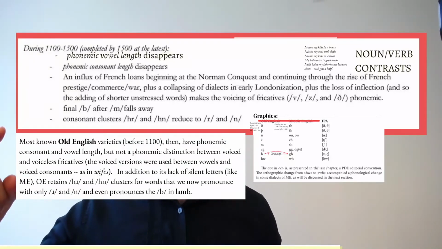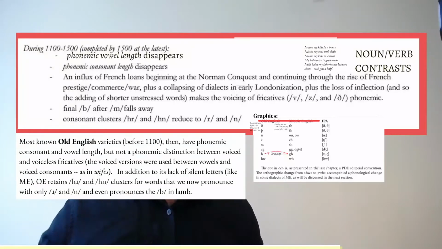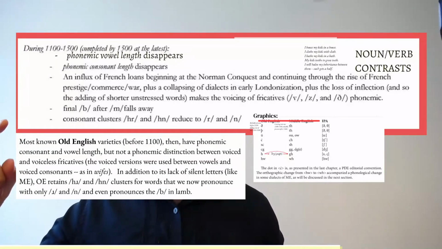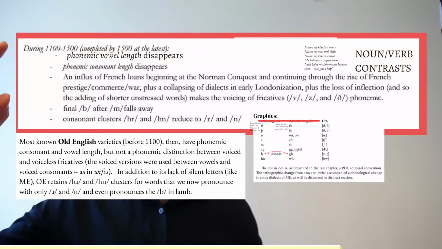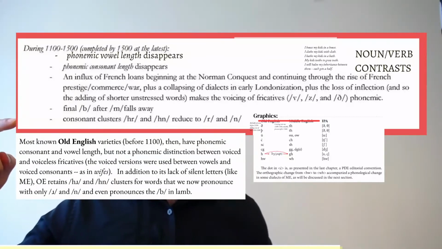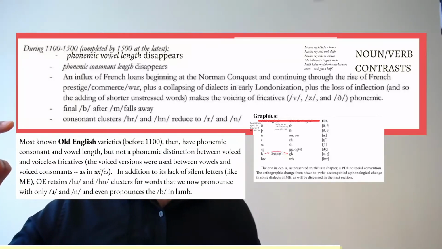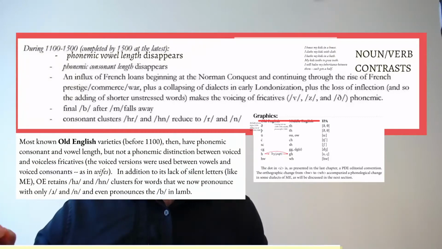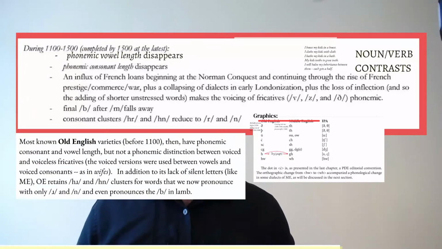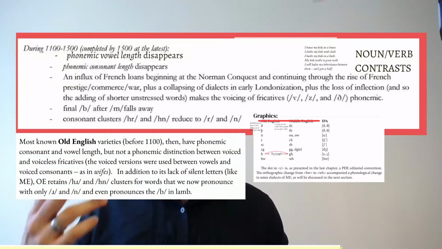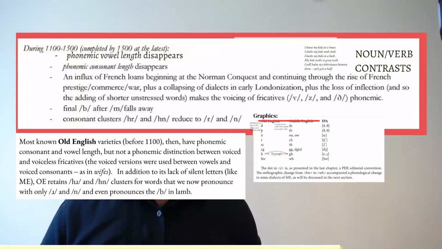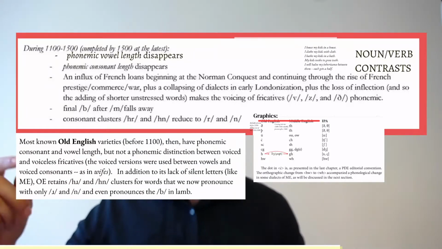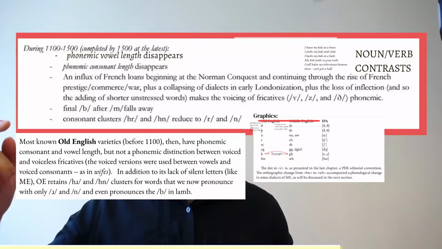We also see the falling away of final b after m. And importantly, during the Middle English period, the consonant clusters that were so common in Old English, hr and hn, reduce to r and n. So the heofon to hrofe in Caedmon's hymn, hrof, better to say, the roof becomes roof rather than hrof, right? Hnægl becomes nail.